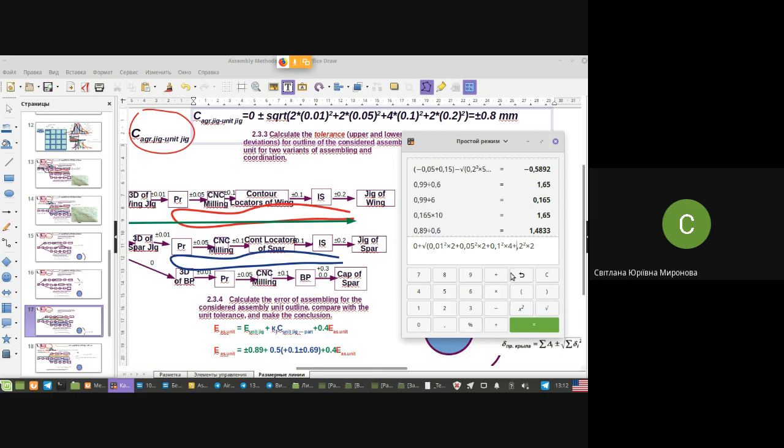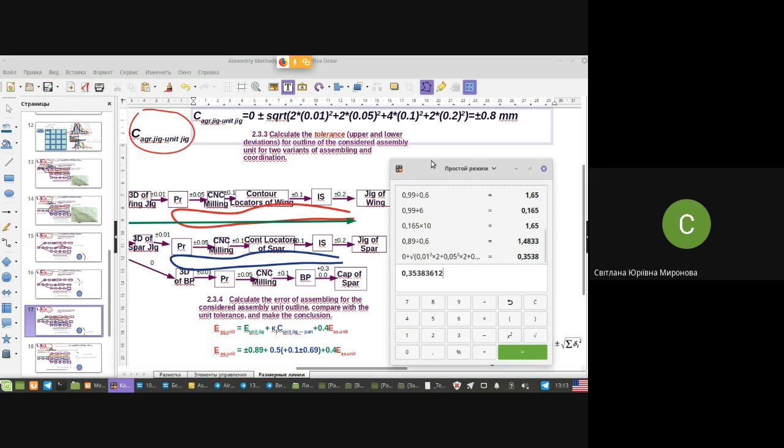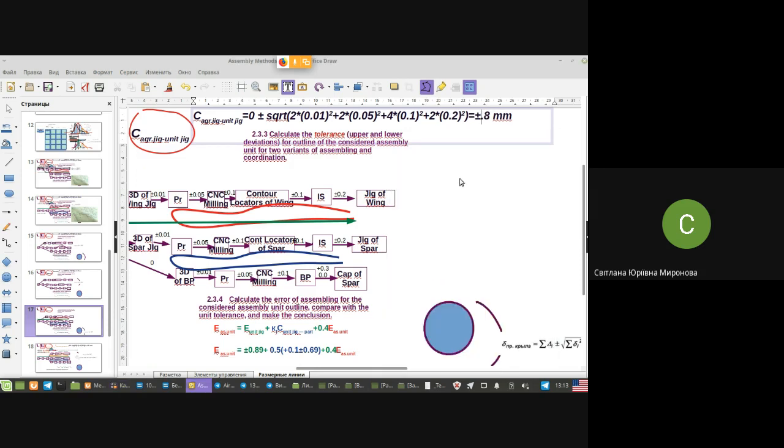I hope I haven't made a mistake anywhere. The result is plus minus 0.3538. This was our error of coordination between jigs.